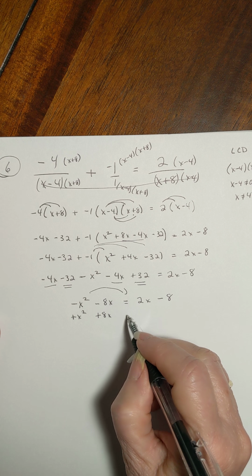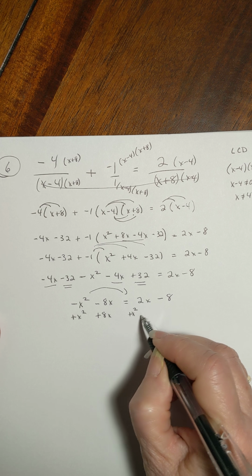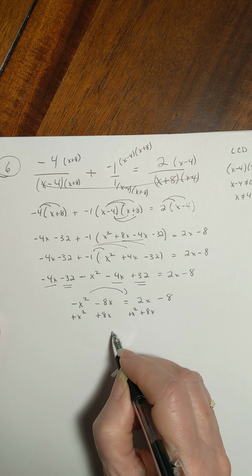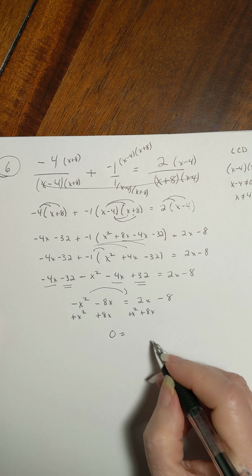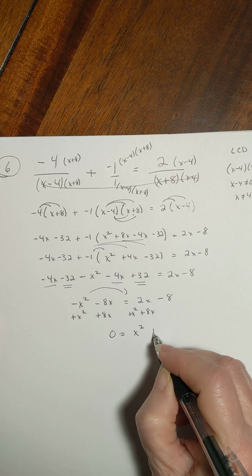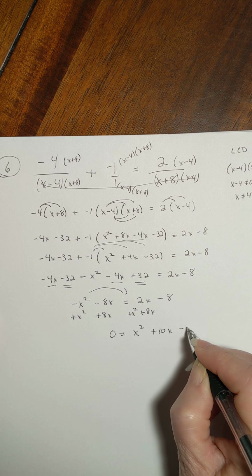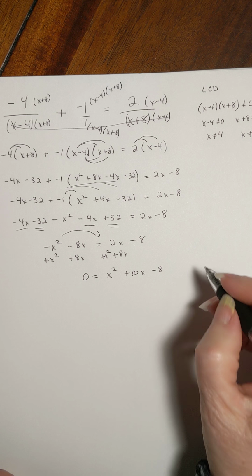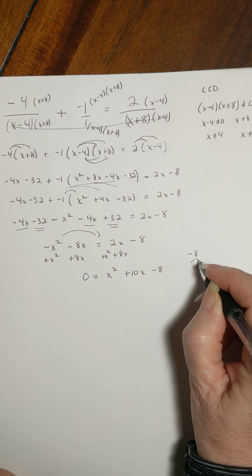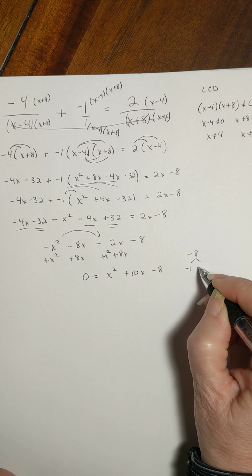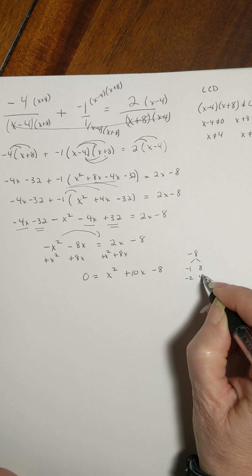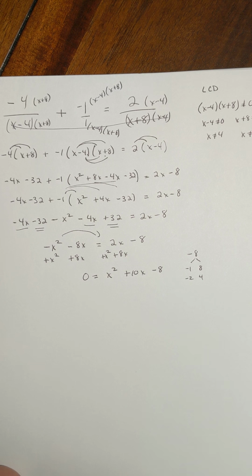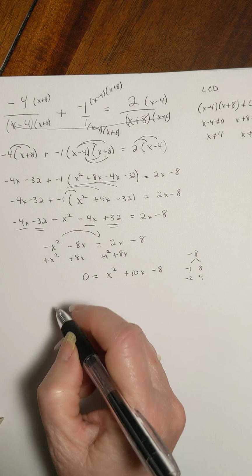So I get 0 is equal to x squared plus 10x minus 8. Now, unfortunately, if I look at negative 8, that would be negative 1 times 8 or negative 2 times 4, and neither one of those gives me 10. So I'm going to have to use the quadratic formula on this one.